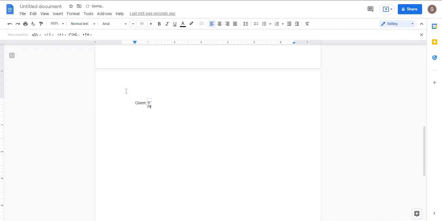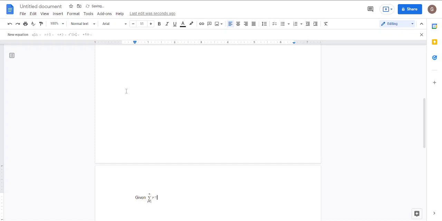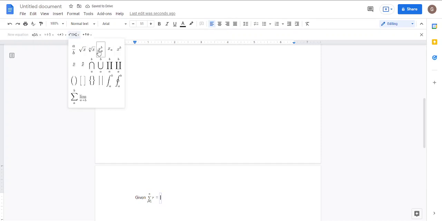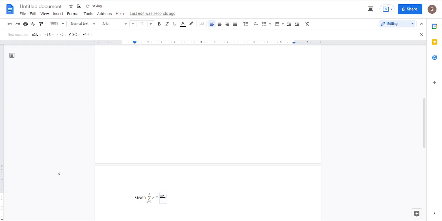Given the sum from R equals 1 to N of R, we need to show that this is equal to N plus 1 over 2 times N. Okay, so you're given this.